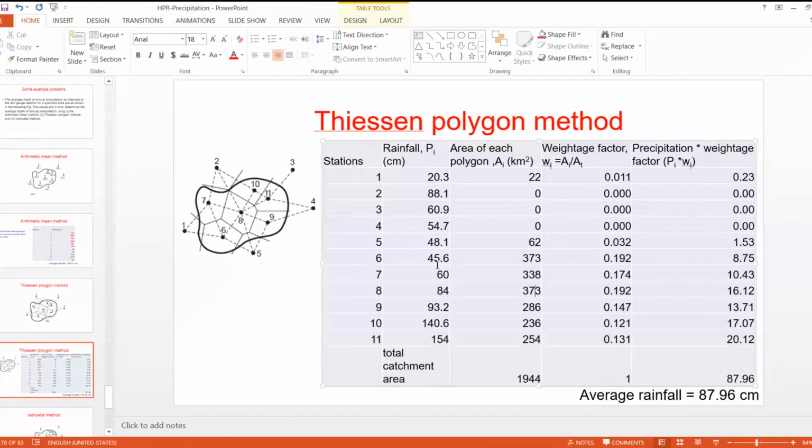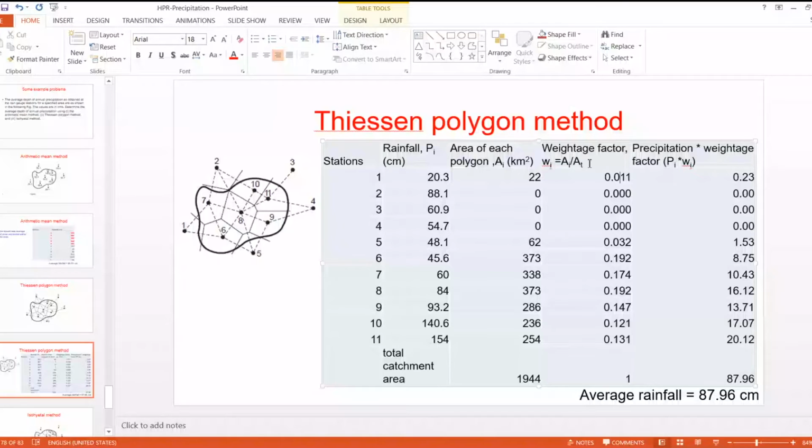So now we have estimated the areas of each polygon, which represents a rain station. Next, we need to calculate the weightage factor. The weightage factor is the area surrounding a rain gauge station divided by the total catchment area.